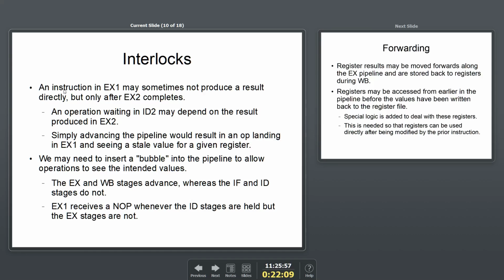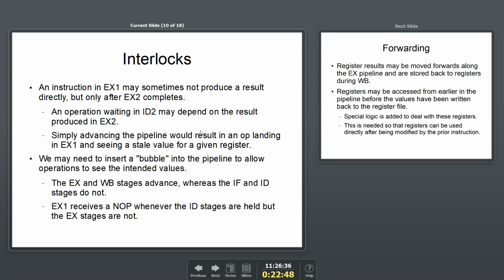Interlocks. An instruction in EX1 may sometimes not produce a result directly, but only after EX2 completes, as noted earlier. In operation, an instruction waiting in ID2 may depend on the result being produced in EX2. Simply advancing the pipeline would result in it landing in EX1 and seeing a stale value for a given register. That is why interlocks exist.